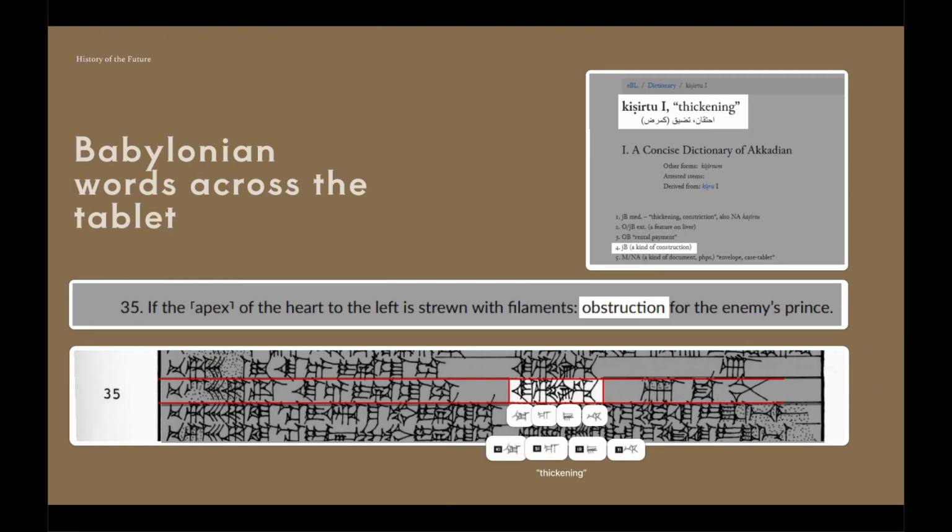Then I investigated a little further and understood that most likely those translations were the first meaning of the word. Looking at the dictionary translation, I figured out that, for example, for "thickening," the fourth meaning is a kind of constriction, which basically means obstruction in this case. All the other words were the same, and that confirmed to me that it is probably right.